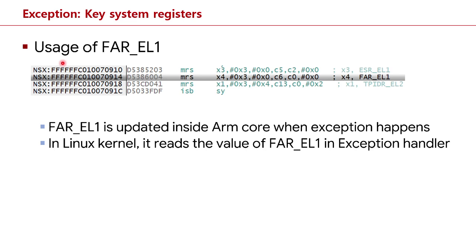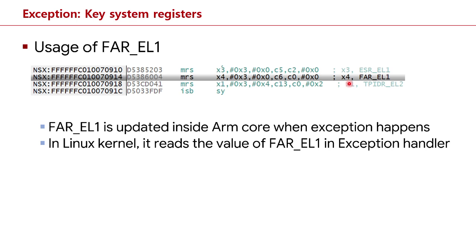So now that you got to know about the FAR_EL1 register, let's look at an example assembly instruction to read the value of the FAR_EL1 register. Please look at this. Just like other system registers, the MRS instruction is used. In this case, the value of the FAR_EL1 register is written to the X4 register.